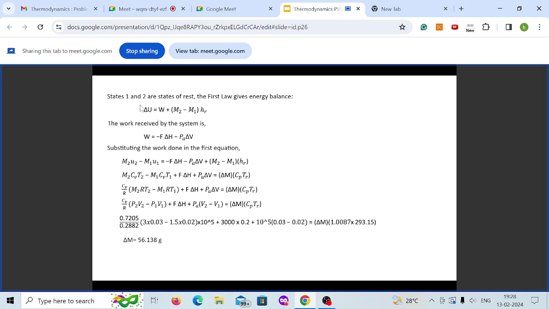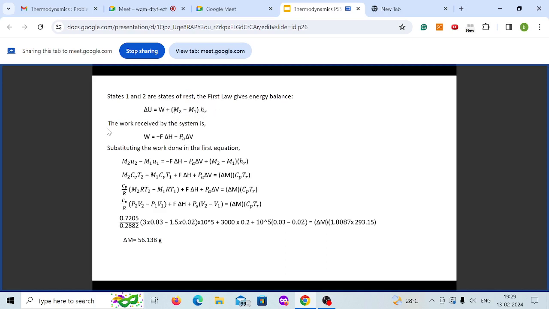So here, the change in internal energy between point 1 and point 2 will be equal to the work done plus the mass entering from the reservoir. So delta m will be equal to the change in mass in the system. That amount of mass is entering into the tire. So (m2 minus m1) into h_r.